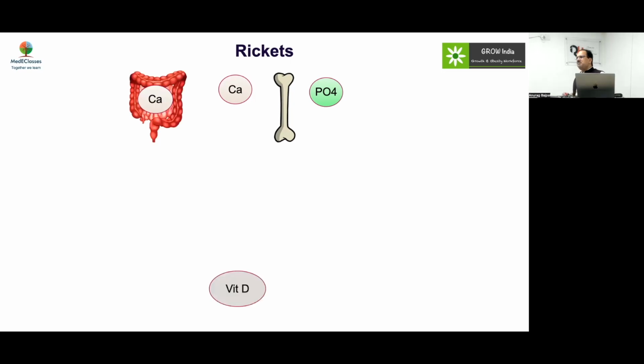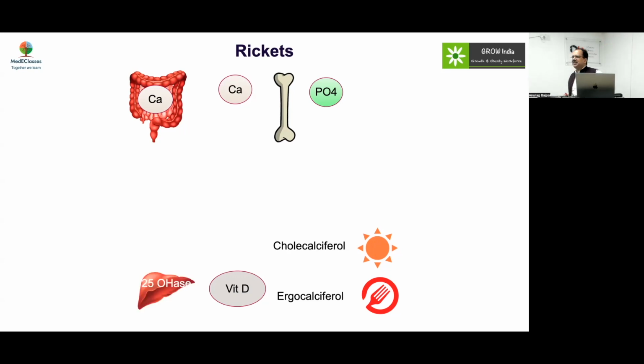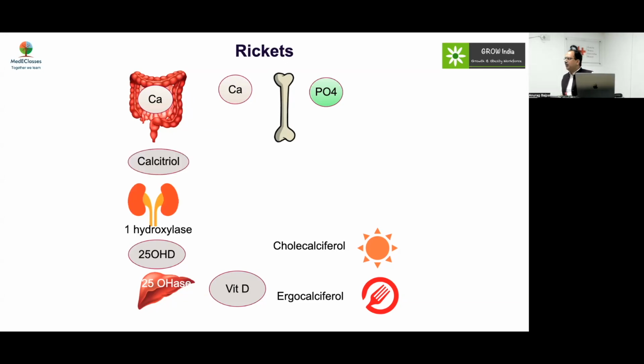We know that the major regulator of serum calcium is the vitamin D axis. Vitamin D, which is produced either under exposure to sun or 5% from plant sources, is activated by the liver to 25-hydroxyvitamin D, which is further activated via 1-alpha hydroxylase into calcitriol. This calcitriol then increases absorption of calcium from 25% to 40%.